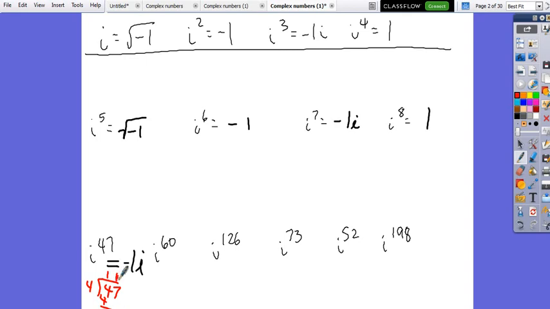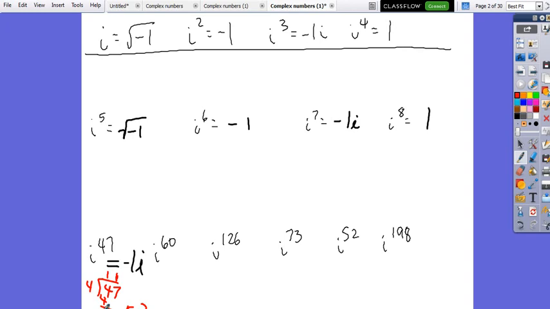But you can see the remainder is 3. Whatever the remainder is, you go to your original list. That tells you what the answer is. So you take the highest multiple, subtract everything, and that's what it is. Your remainder's never going to be more than 3.